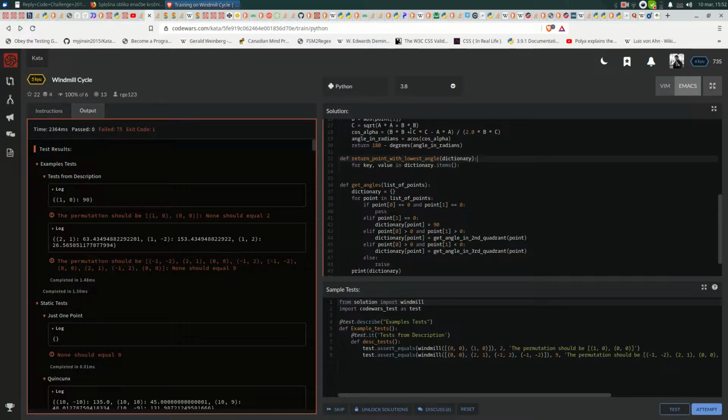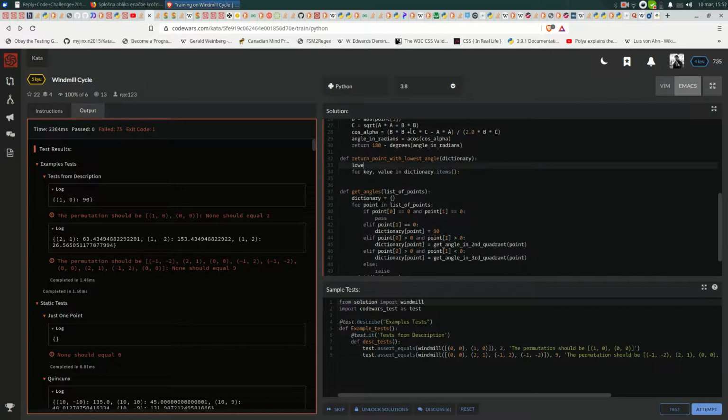Over here we say lowest angle point, and first it's None, and then for that, lowest angle point is just like the first.